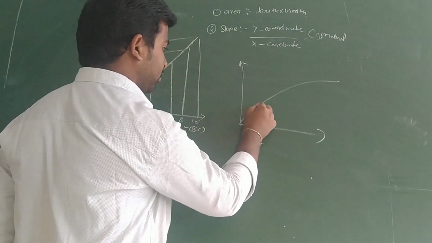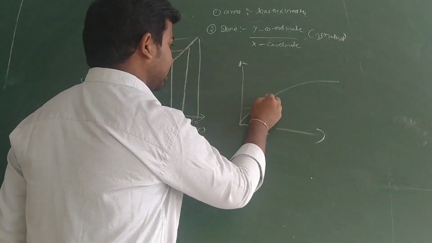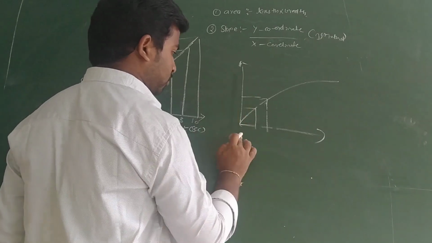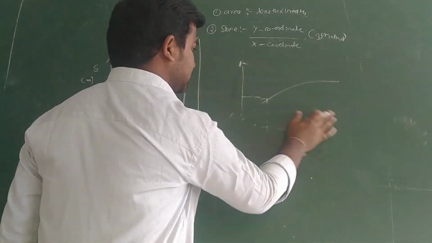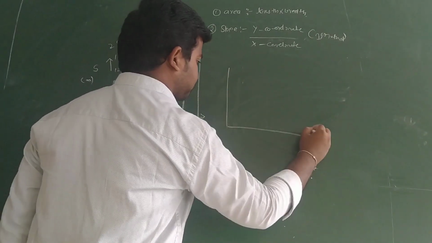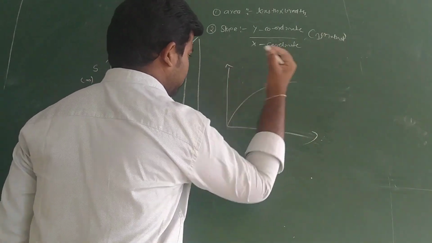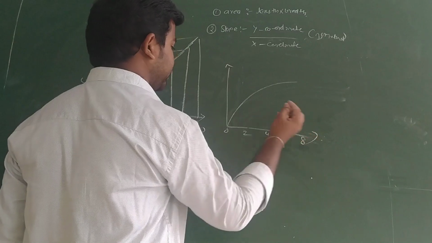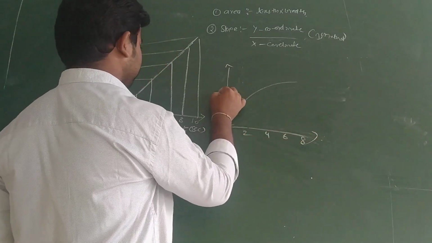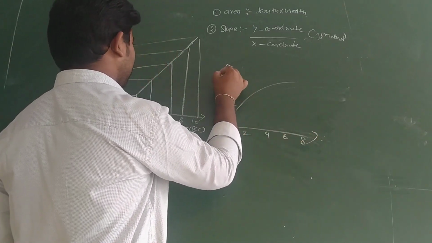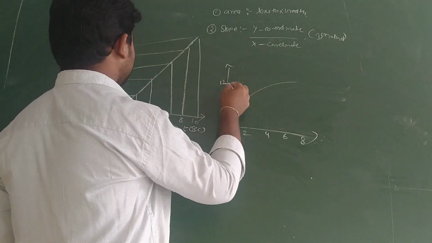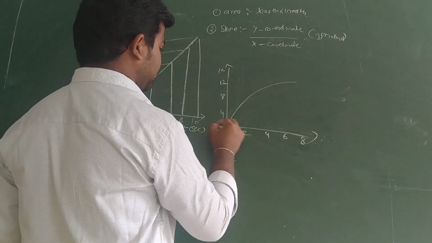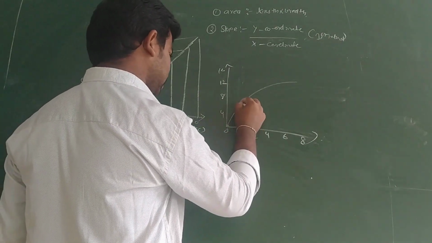Say for 2 seconds it will be here, for 4 seconds it will be here. So there are no equal displacements in equal intervals of time. See, for example, I will show you here. Say 0, 2, 4, 6, 8 seconds, and 4, 8, 12, 16. For 0 it is 0 only. For 2 you can define exactly.